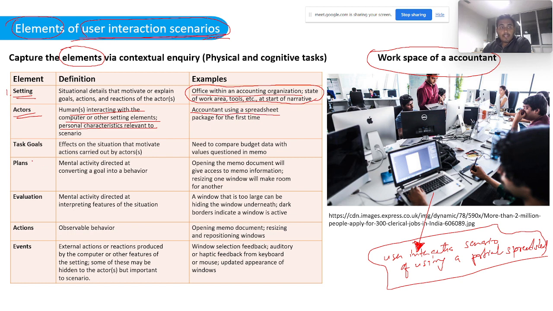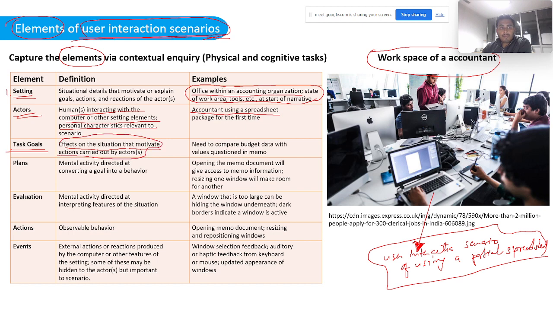Then we try to capture information about the goals, the particular goals he has, and the kind of activities he does in his daily life. These are the effects of the situation that motivate a particular action.